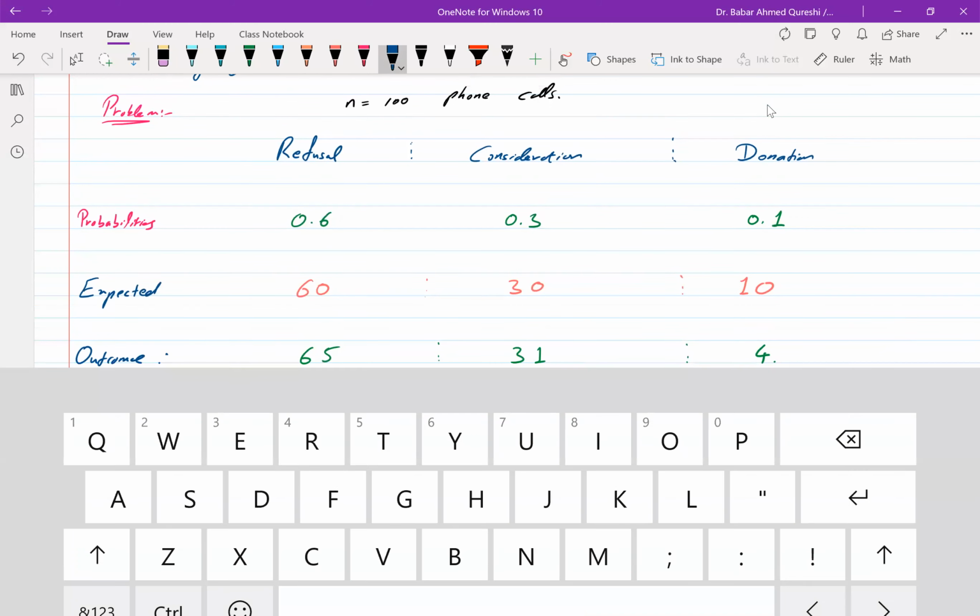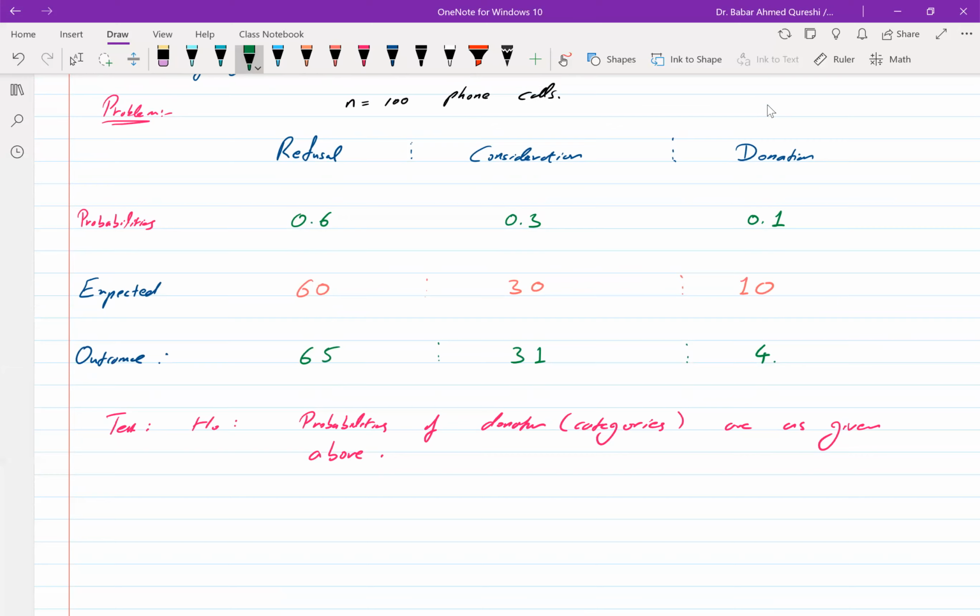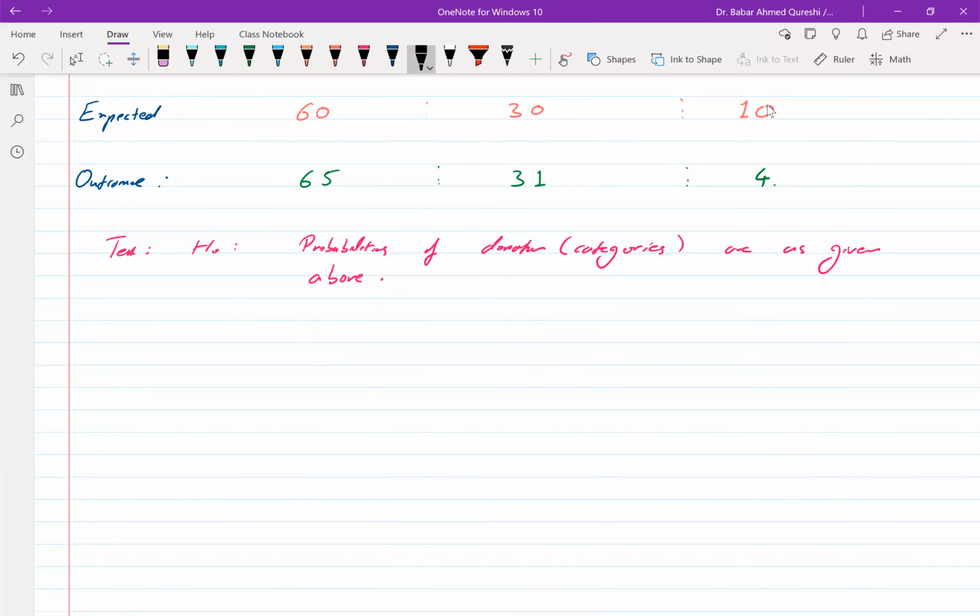So what they would do is compute, first of all, the chi-square variable. You have 3 categories, so it will have 3 minus 1, 2 degrees of freedom. And to compute the variable, all you are doing is summing over all the categories, taking a difference of the actual observation from the expected value, taking a square and dividing by the expected value.